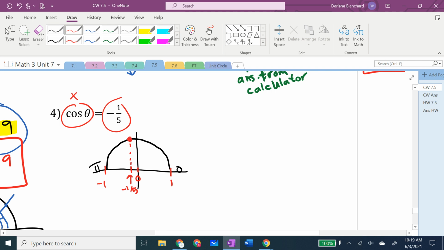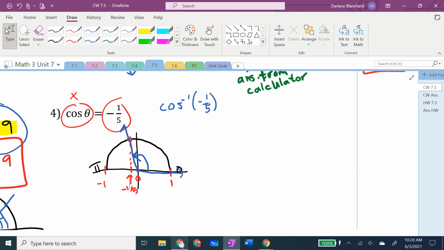So when I ask my calculator what is the inverse cosine of -1/5, the answer it is going to give me is the angle that begins at 0 and has a terminal side here. And it will be giving me a positive angle. And that's why we like cosine.